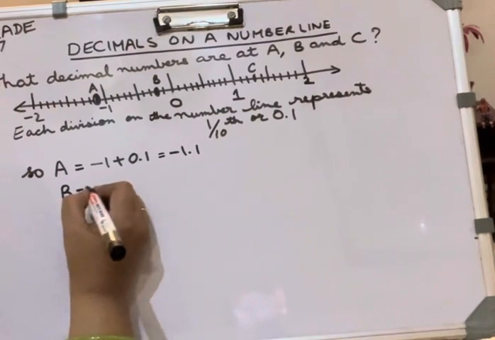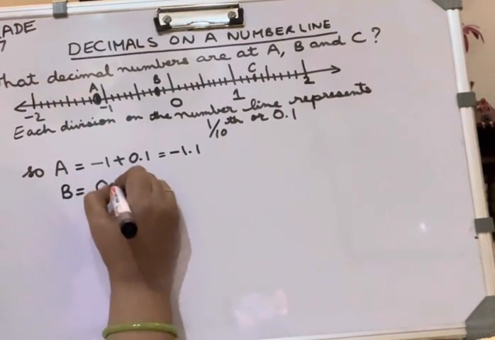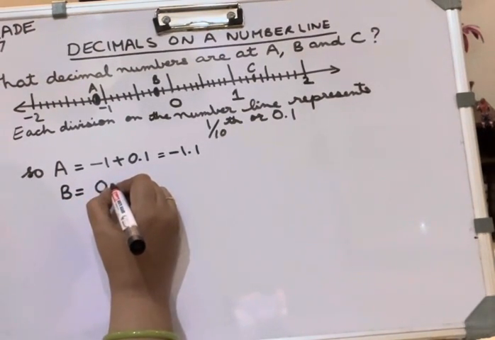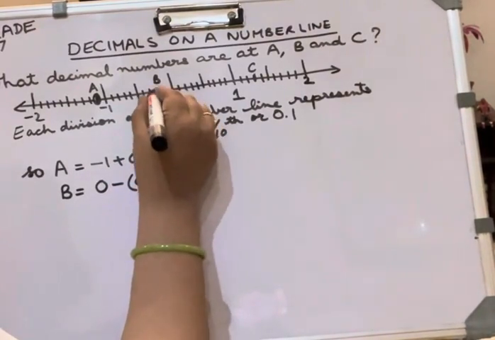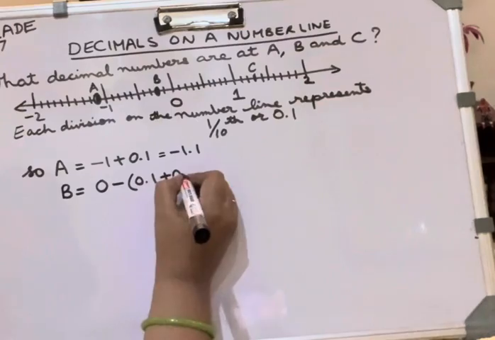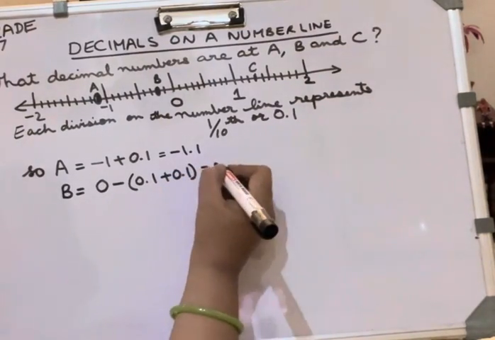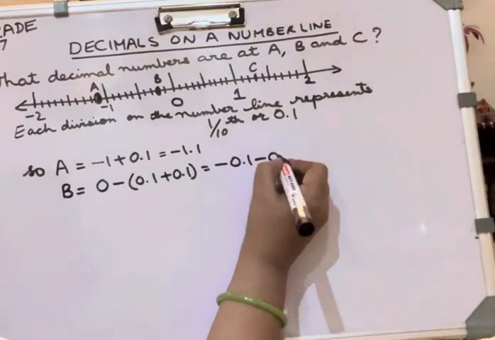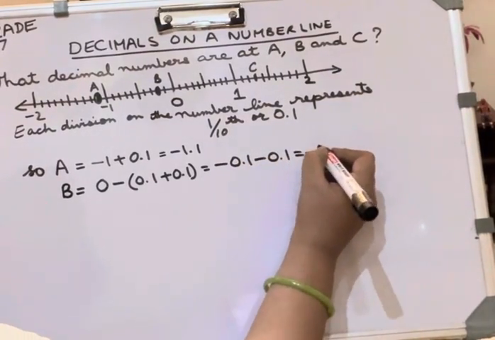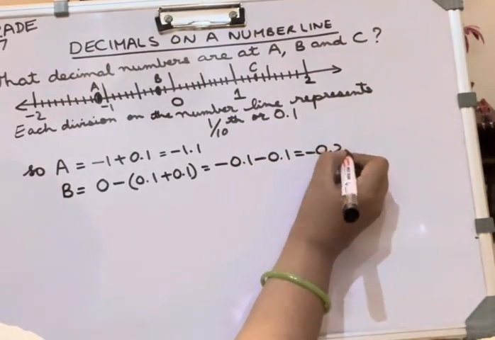Similarly, B is 0 minus 0.1 minus 0.1, which is minus 0.2.